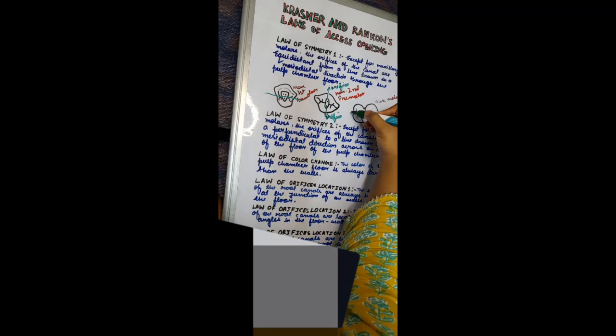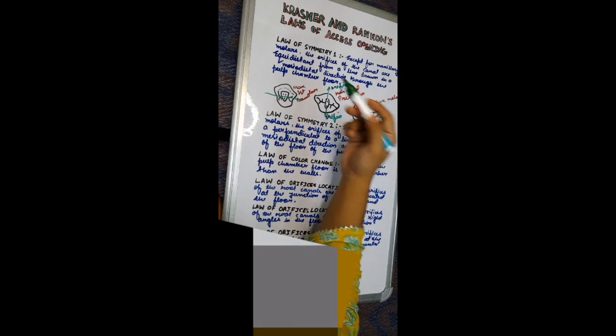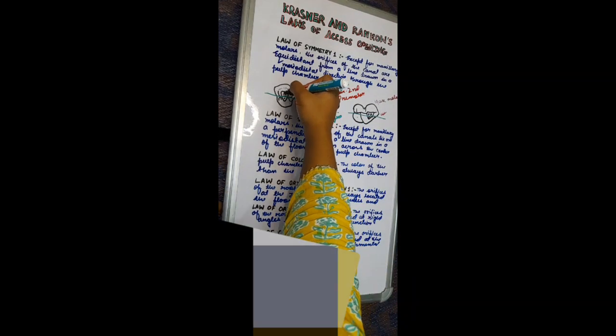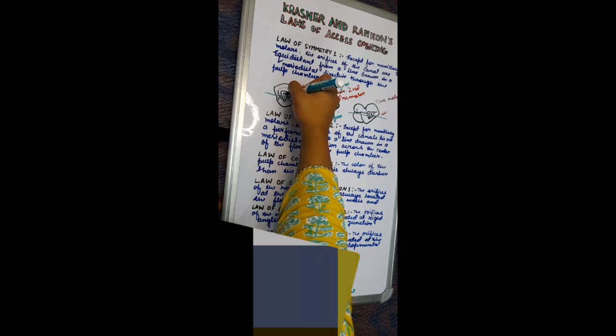Except for maxillary molars, when we draw a line for the maxillary molars, the orifices will not lie equidistant from the line drawn through the pulp chamber floor. And when we talk about the maxillary first and second premolar, the orifice of the canal is at equidistance from the line drawn in a mesiodistal direction.